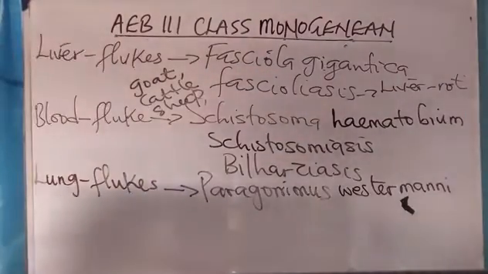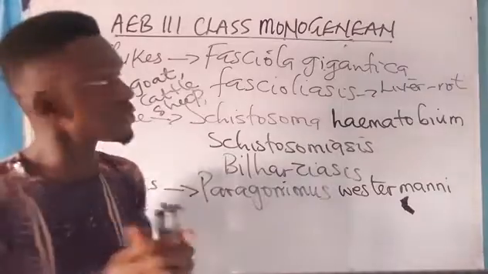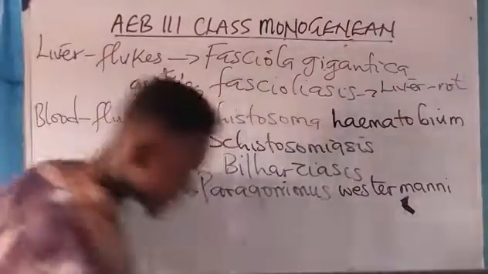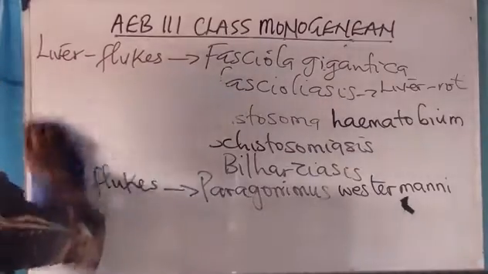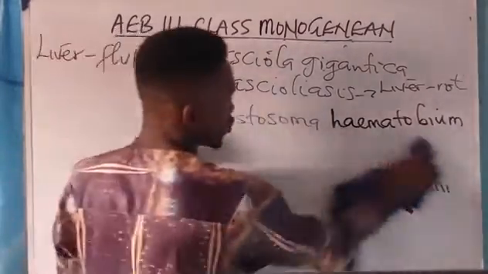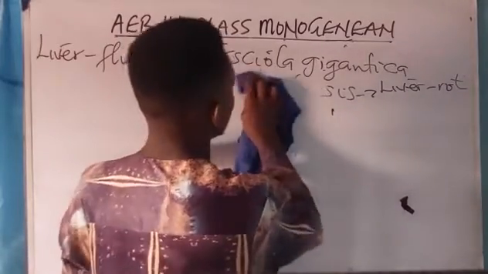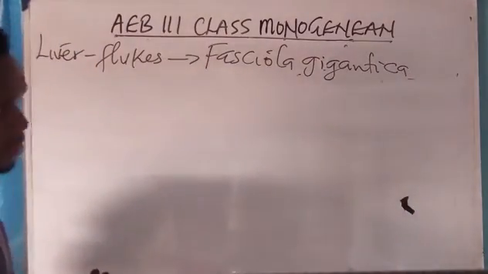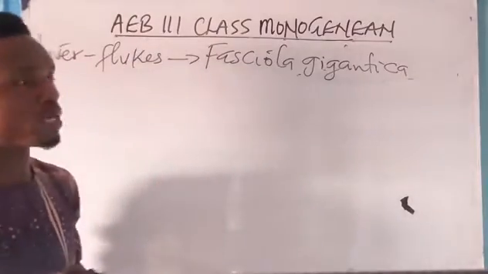Now, the most conspicuous member of the liver fluke is what? Fasciola gigantica. While that of Schistosoma is what? Schistosoma haematobium.